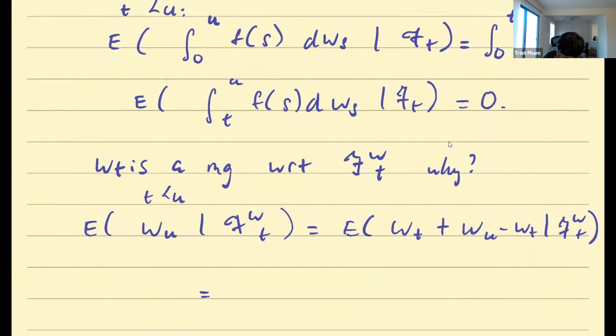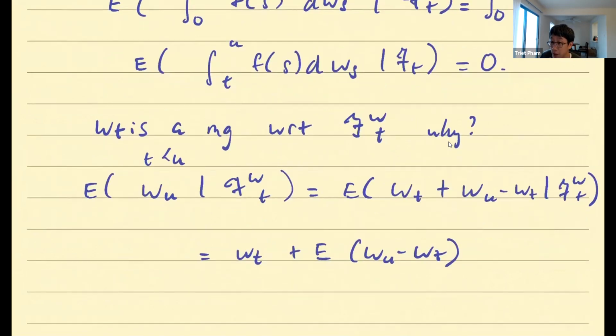Then you can bring the W_t out. And because the future is independent of the present, it becomes just an expectation. And the expectation, of course, is zero because Brownian motion has zero increment on average.